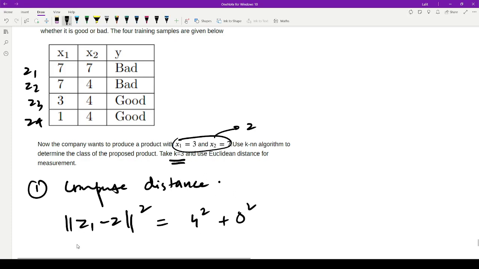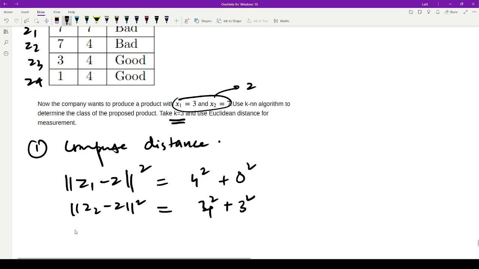The next is z2 minus z squared, which is 3 squared plus 4 squared. Then z3 minus z squared is 0 squared plus 3 squared. I'm just taking the Euclidean distance, 3 minus 3 is 0 and 4 minus 7 is 3, and squaring it.